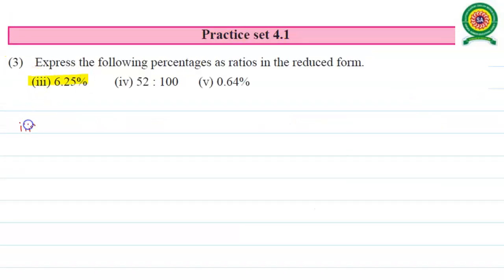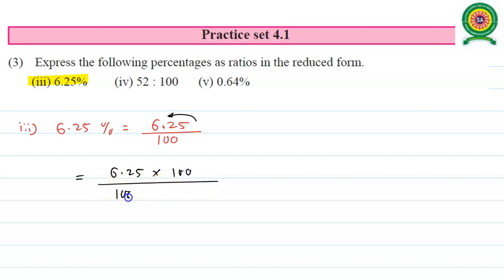We have given 6.25%, which means 6.25 divided by 100. Now to convert the decimal into an integer value, look at the decimal point. We have two places after the decimal in the numerator, so we have to multiply and divide by 100. That means 6.25 into 100 gives 625, and divided by 100 into 100.